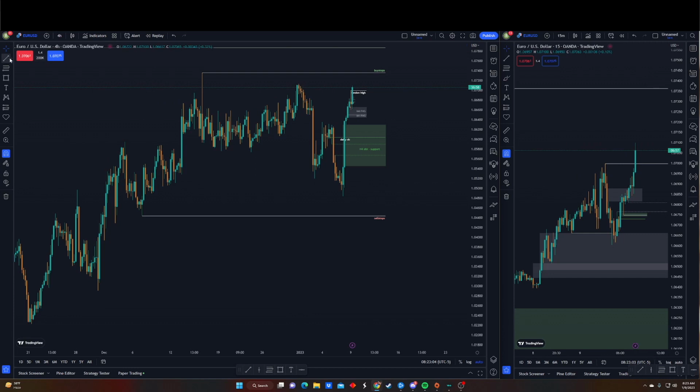We're approaching this high. I'm going to mark that high. It's a short-term high. Long-term high is 107.4. That's a short-term high.